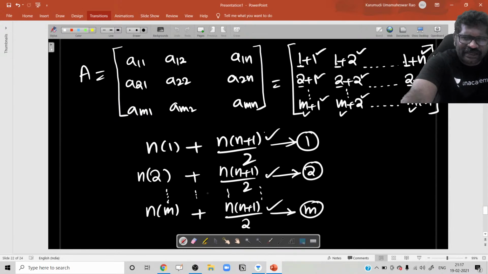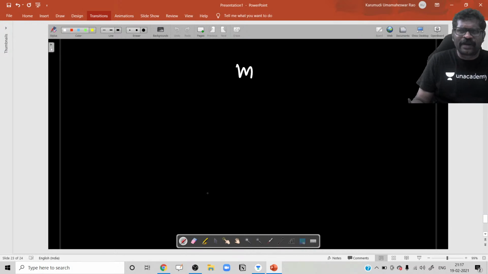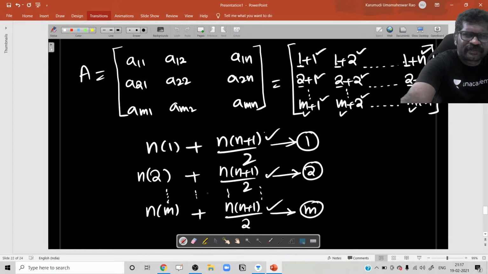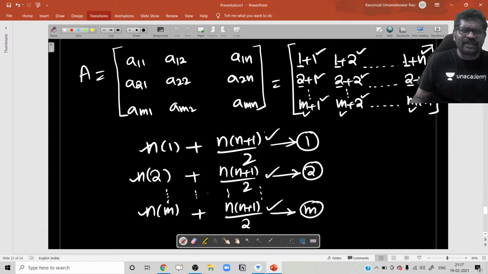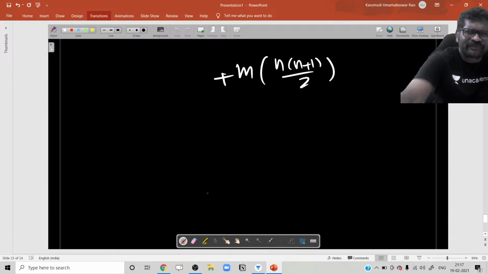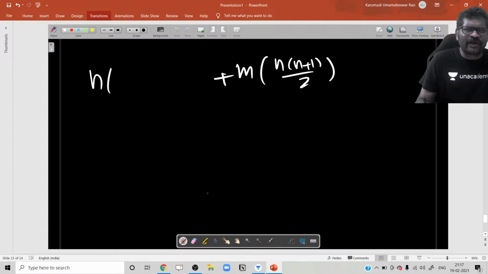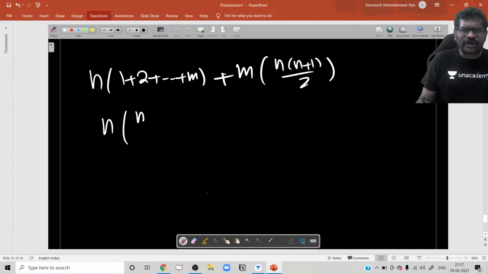So here you have m number of n into n plus 1 by 2. Therefore, you can write m number of n into n plus 1 by 2. Next, n, n, n. If you take n common, you will get n of 1 plus 2 plus and so on m. So, n number of sigma m. Sigma m means m into m plus 1 by 2.